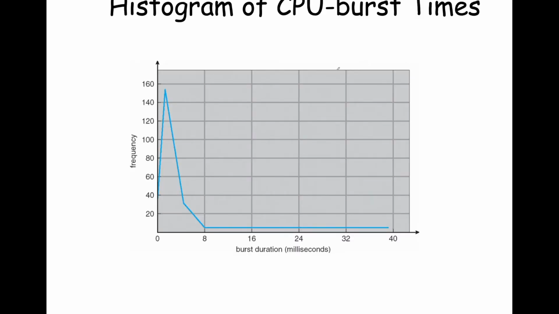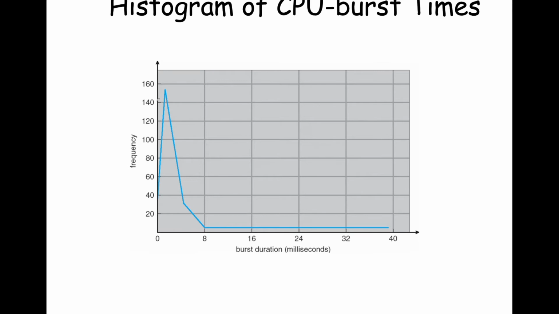If we look at a histogram of CPU burst times, on the horizontal axis we have the duration of that burst, the amount of time in milliseconds that a process spends executing on a CPU. On the vertical axis we have frequency, the number of bursts, just counts with no units.